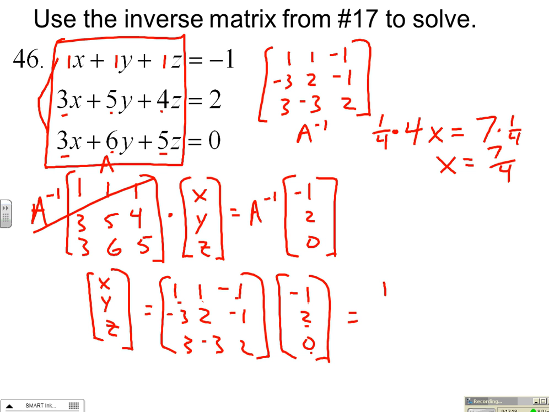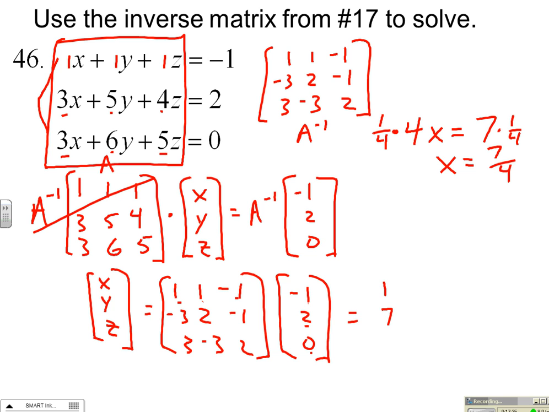For row 2, I get -3 times -1, 3. 2 times 2, 4. 3 plus 4, 7 plus 0. And for row 3, I get 3 times -1, -3. Plus -3 times 2, -6. That's -9, and 0. So there is x, y, and z.